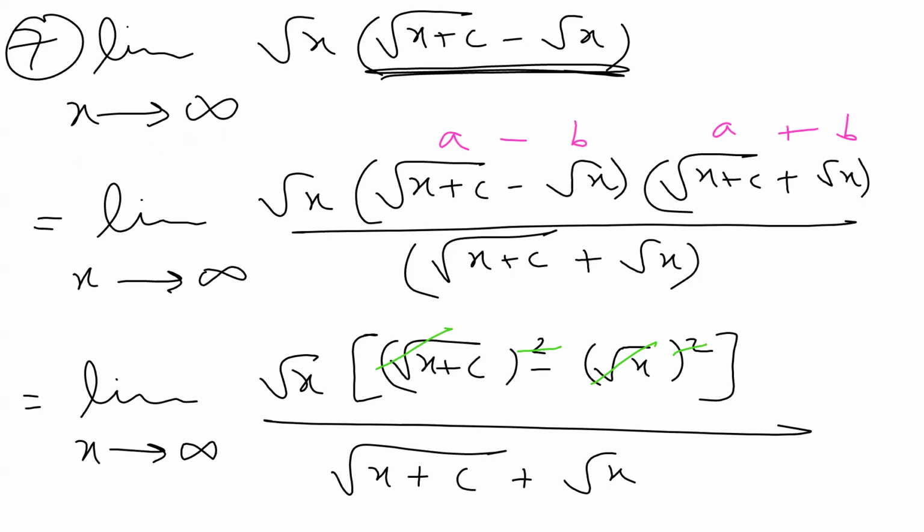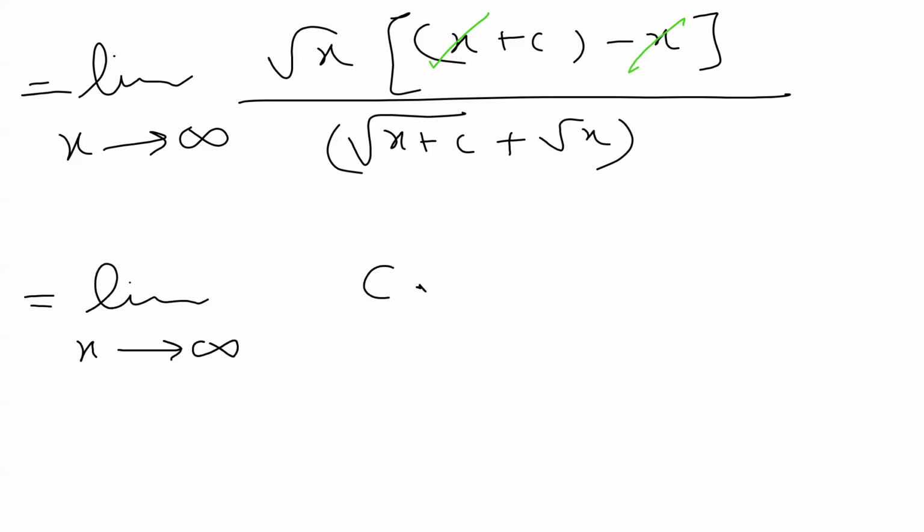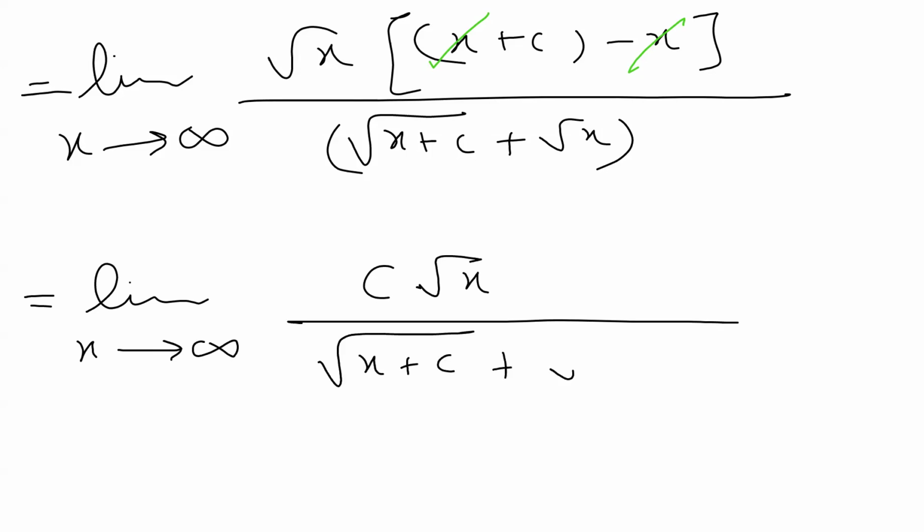And down, root x plus c plus root x. So x and this x are getting cancelled. So we are left with c root x upon this.